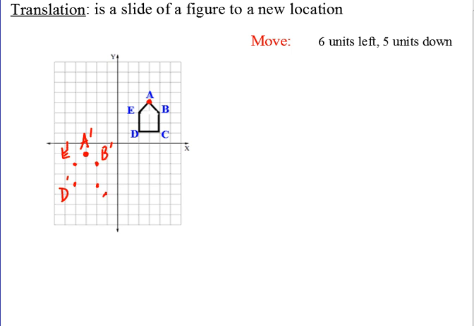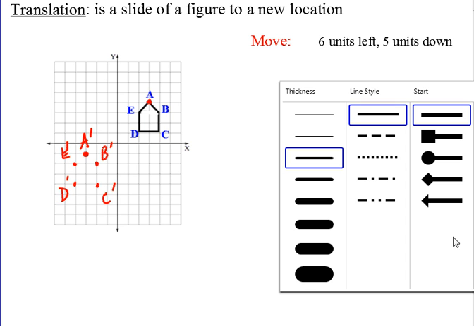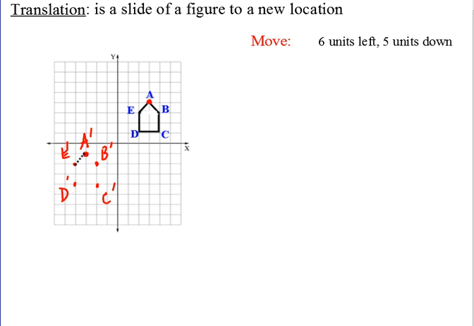Like I said before, we're going to use dotted lines. We want to make our image with dotted lines so that if somebody was looking at our drawing very quickly, they could see the difference between the image and the pre-image.